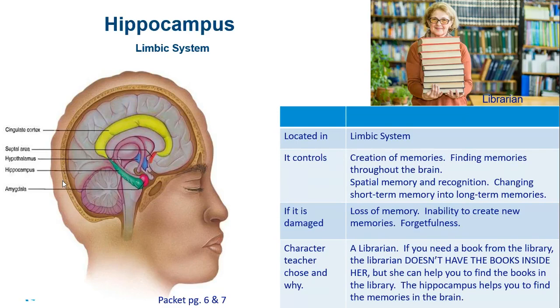Also, if you know somebody who's much older and they're very, very forgetful, that also has to do with the wear and tear of the hippocampus. Specifically, people who have very difficult, very stressful lives, stress damages the hippocampus. Chemicals like norepinephrine and cortisol will damage the hippocampus.